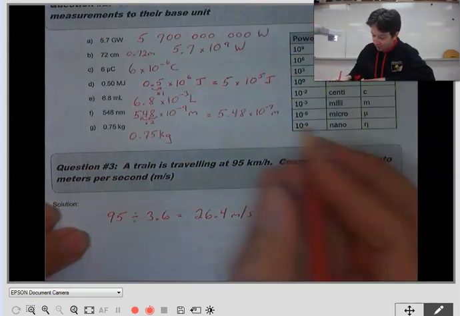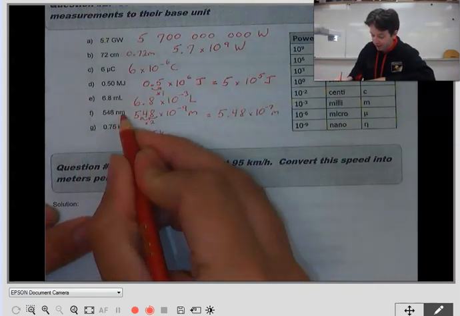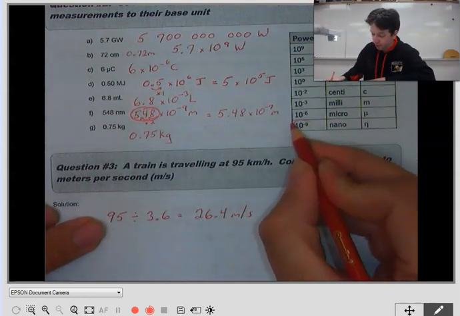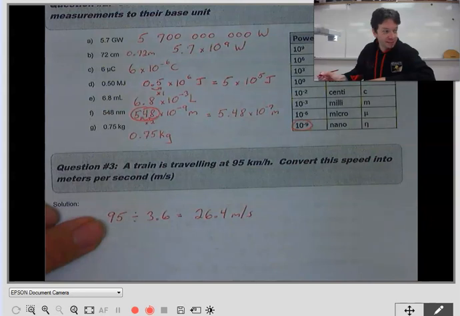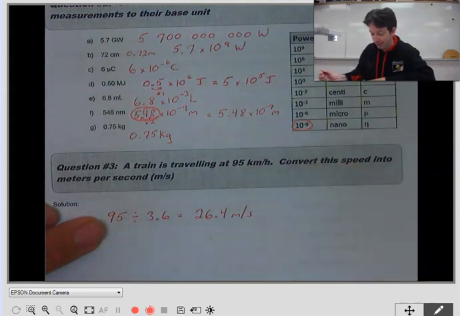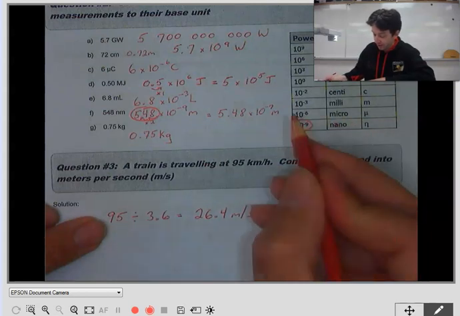All right, so for question F, we have 548 nanometers. So first we write 548, and then for nanometers, multiply by 10 to the minus 9. But if you're writing something in scientific notation, remember scientific notation has 1 digit and then your decimal.